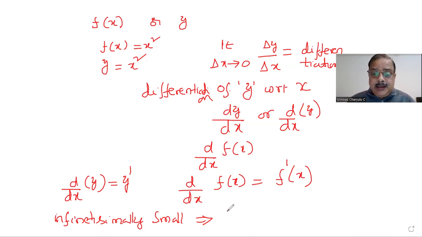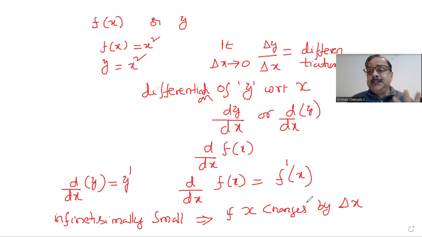That is, if x changes by delta x, it means a very small amount. If you see the table from some previous class, we went to reach 1 from 1.000005. That means a very small variation in x. For that small variation, we were finding how much the y variation will be.